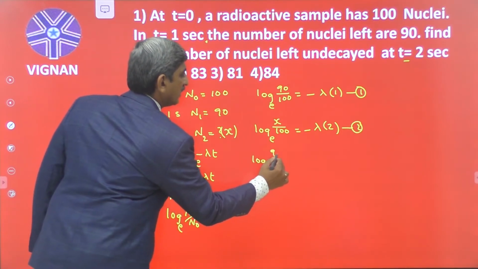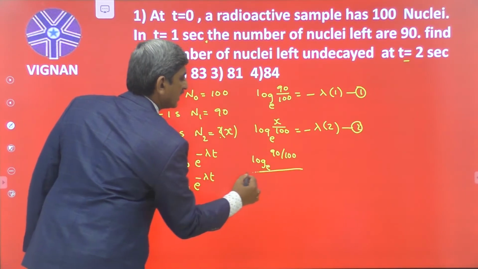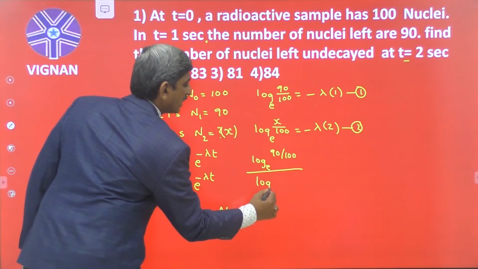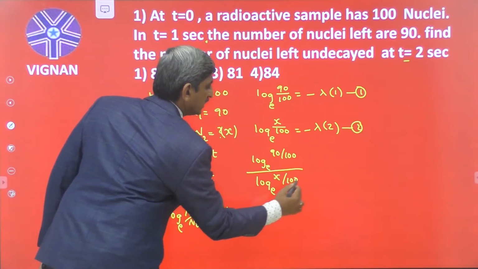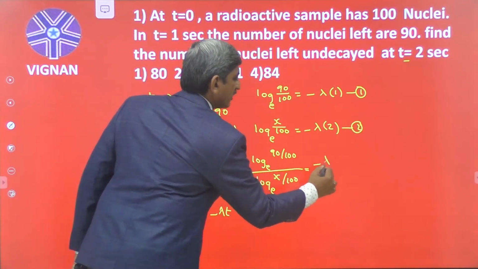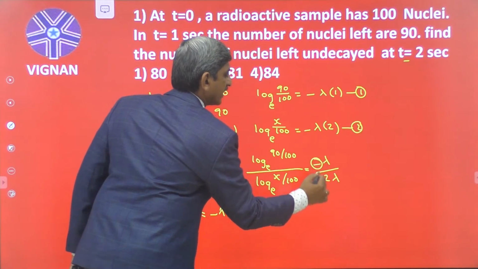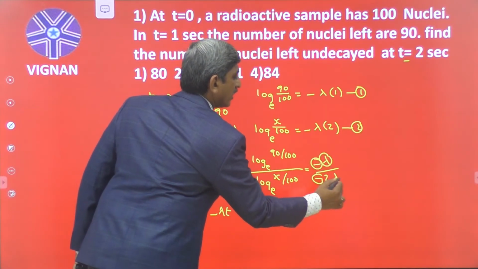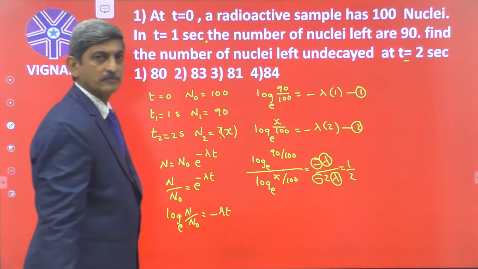Log 90 by 100 to the base e divided by log x by 100 to the base e is equal to minus lambda divided by minus 2 lambda. Minus minus cancelled and lambda also cancelled. This is equal to 1 by 2.